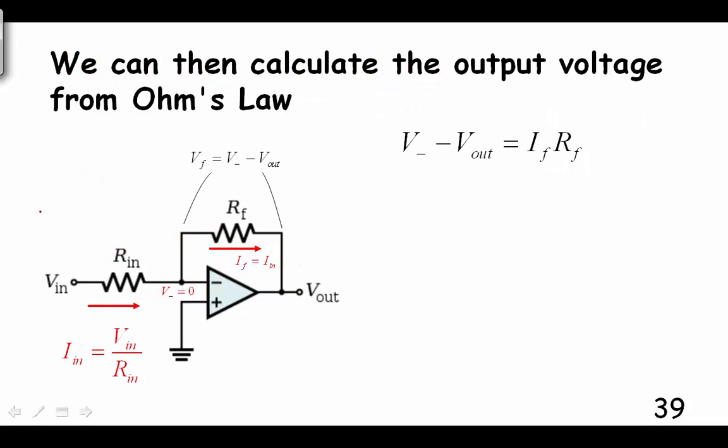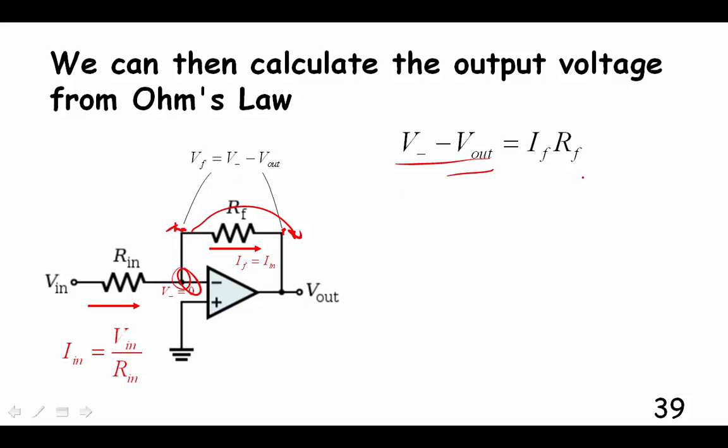We can then calculate the output voltage from Ohm's law. We put our positive lead here and negative lead here, and the voltage drop is in this direction. So it's V of this minus the V out. We end up with a negative V out here because of that. This is 0.